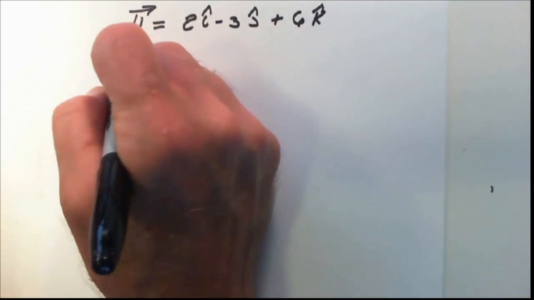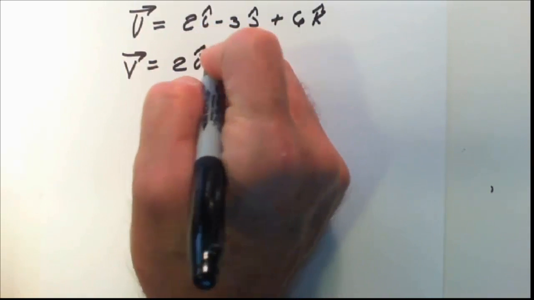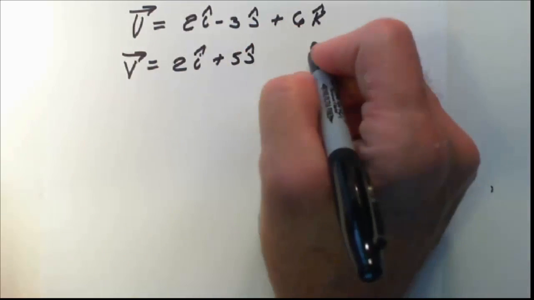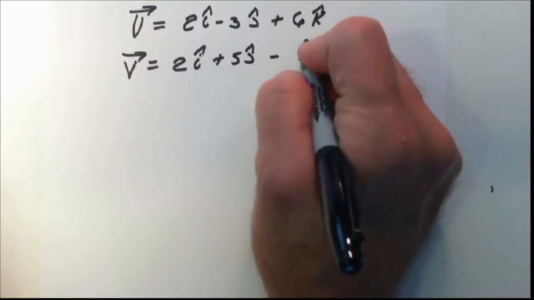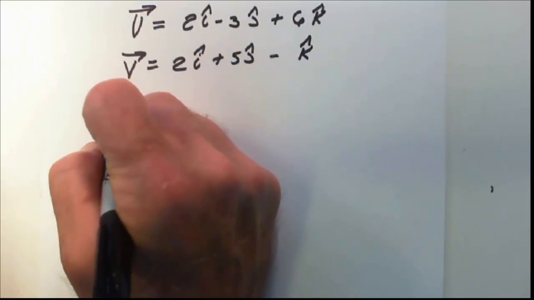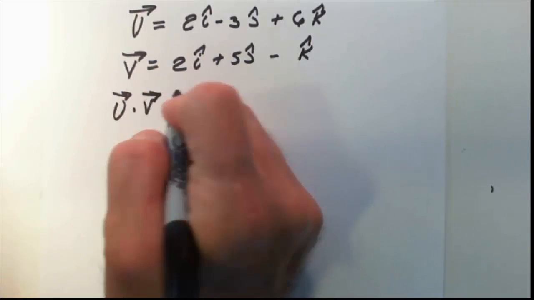And we have another vector, v, which is equal to 2i hat plus 5j hat minus k hat. What we want to do is find the dot product, so we want to find out what u dot v is.